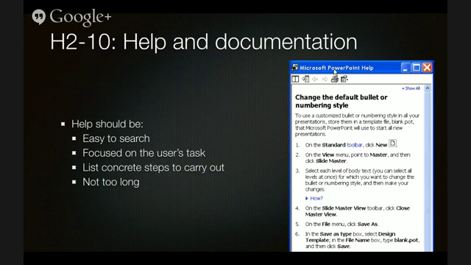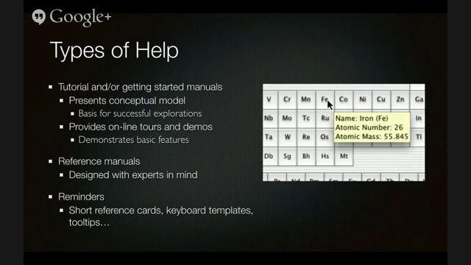And then the last one is help and documentation, which is a big topic that we're not going to get into too much right now. But fundamentally, you should have some way for users to go and find help. Not too long, not too short, focused on the user's task. Types of help include things like tutorials and getting started materials, first run experiences, that sort of thing.